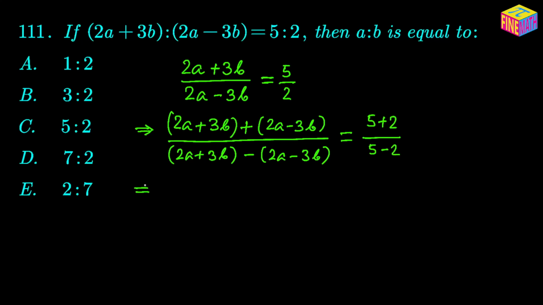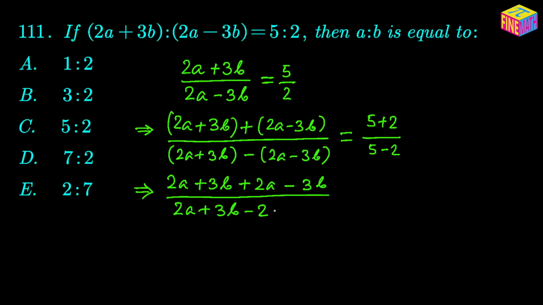And from here what we get? Well, if we remove the parenthesis, we will have (2a + 3b + 2a - 3b) divided by (2a + 3b - 2a + 3b), and that will be equal to 7 divided by 3.